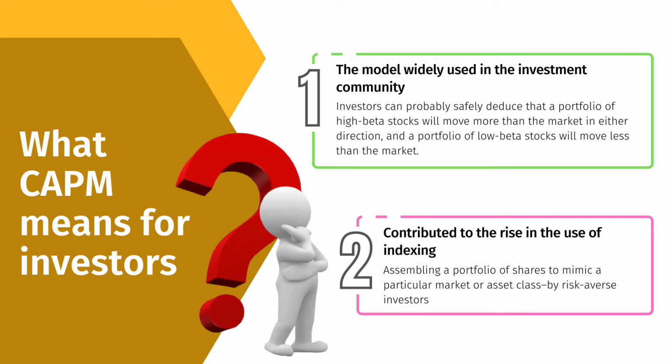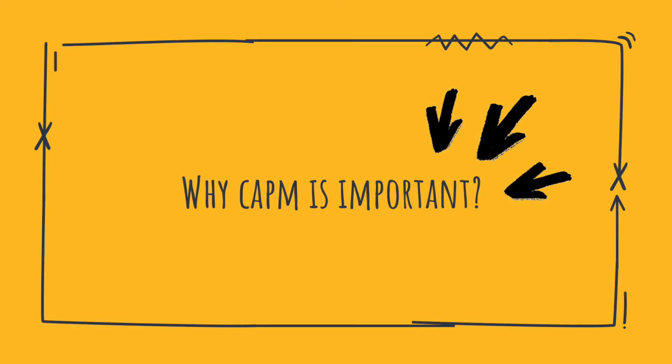CAPM also contributed to the rise in the use of indexing, assembling a portfolio of shares to mimic a particular market or asset class by a risk-averse investor. This is largely due to the CAPM message that it's only possible to earn higher returns than those of the market as a whole by taking on higher risk, which is beta.